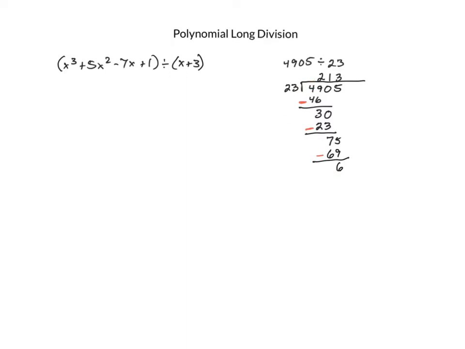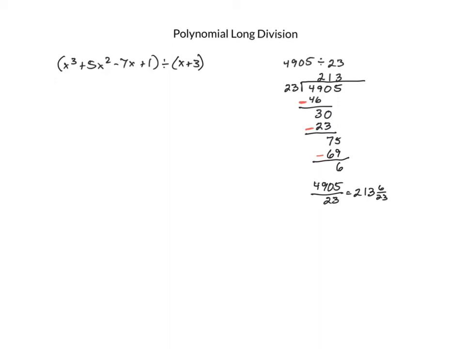And depending on the reason for doing our division, we might choose a different version of how to present our answer. In fact, we know 4,905 divided by 23 is 213 and 6 23rds. So we could write it as a mixed number. That's one way we could write our result.